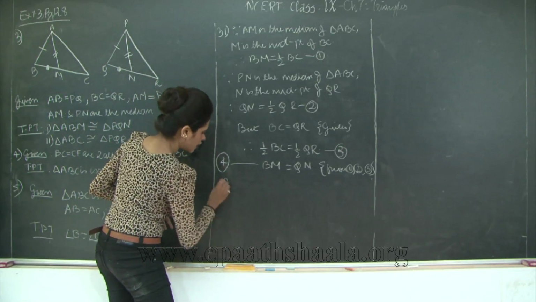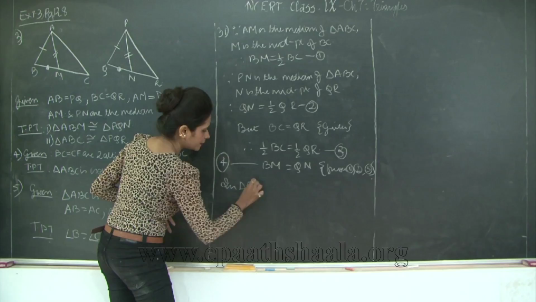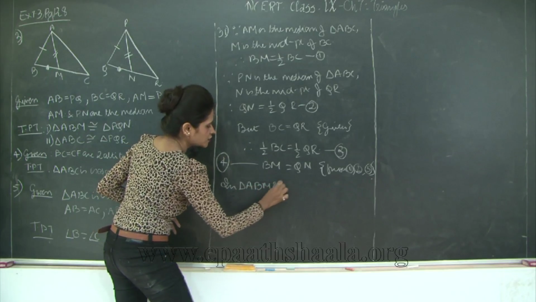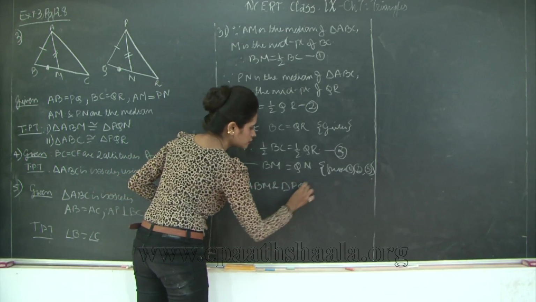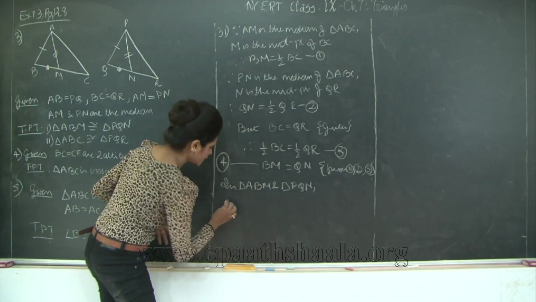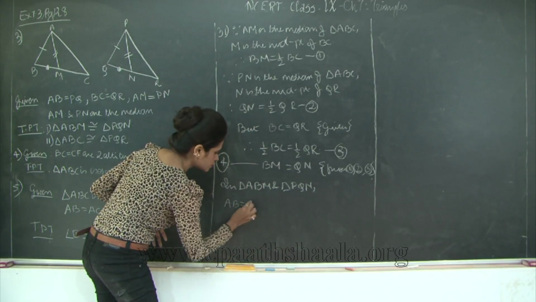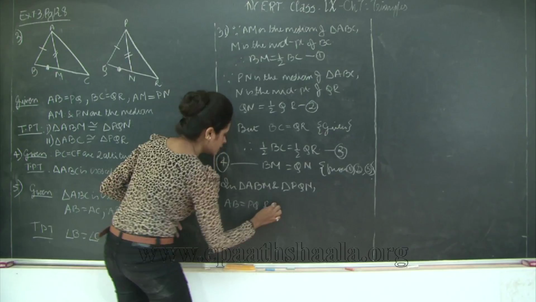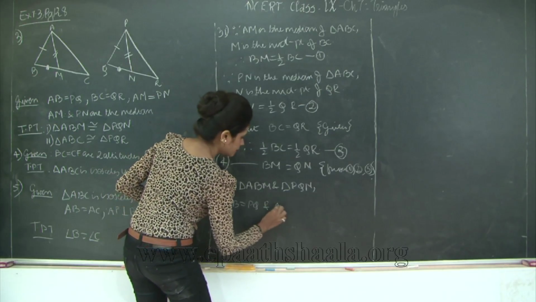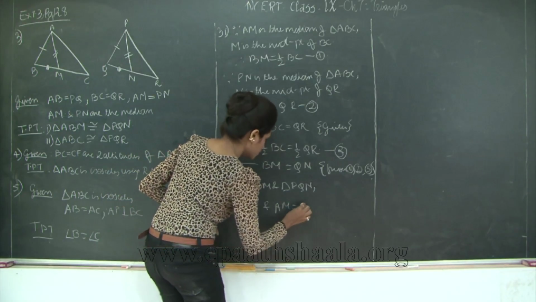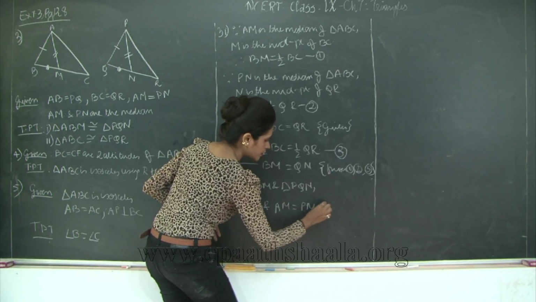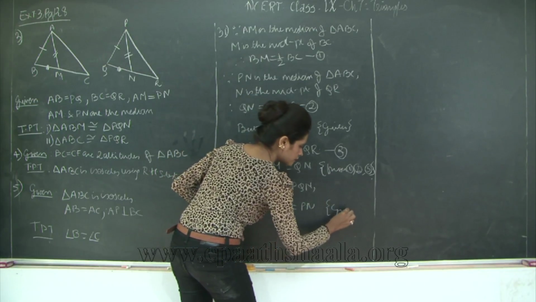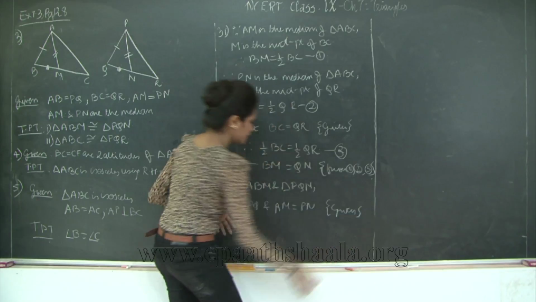Now in triangle ABM and triangle PQN, what do we have? AB is equal to PQ and AM is equal to PN, both are given. And what else do we have?